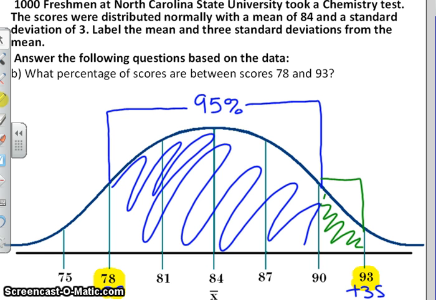Our empirical rule tells us that within 3 standard deviations above and below my mean, there is 99.7% of my data located there. The way that I'm going to start to solve this problem is I'm going to start with the larger percent, the 99.7.